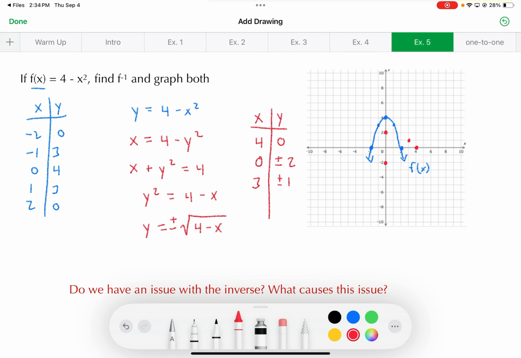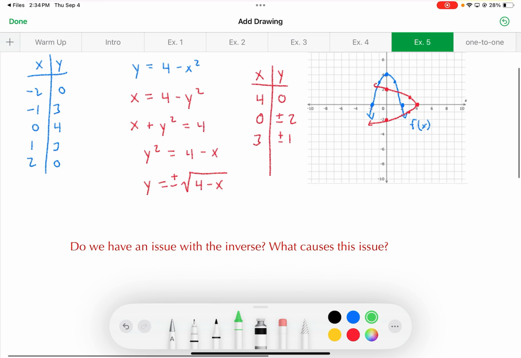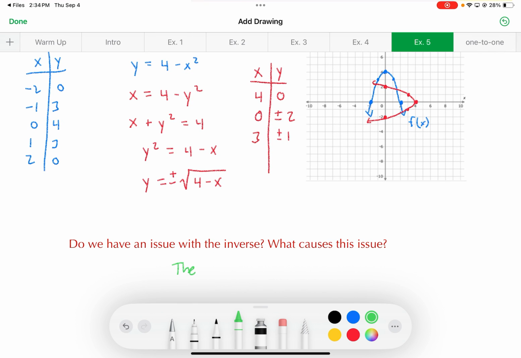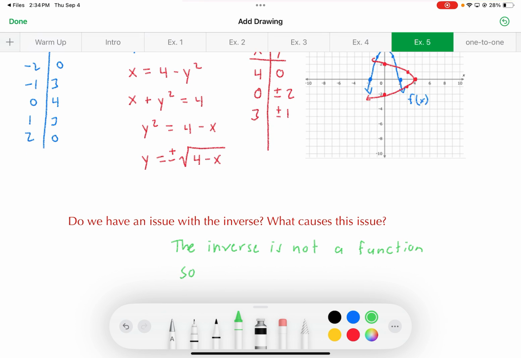Okay, so what's the issue here with this inverse that I've created? It's not a function. The inverse is not a function. So we say that the inverse does not exist.